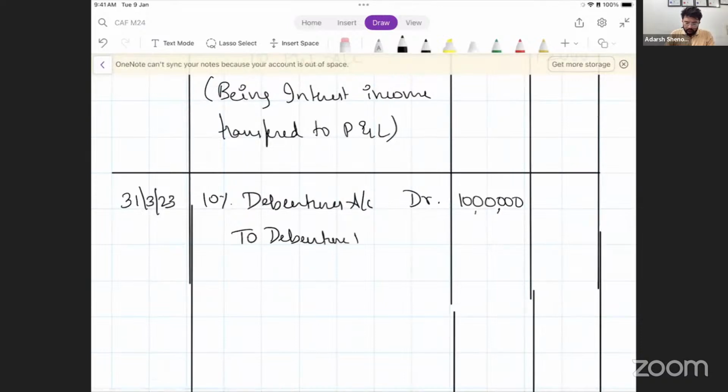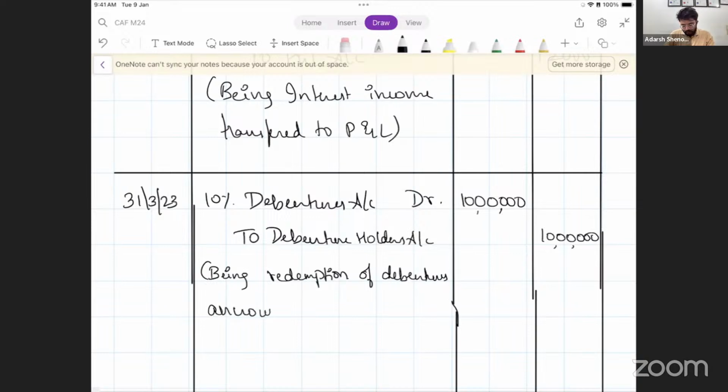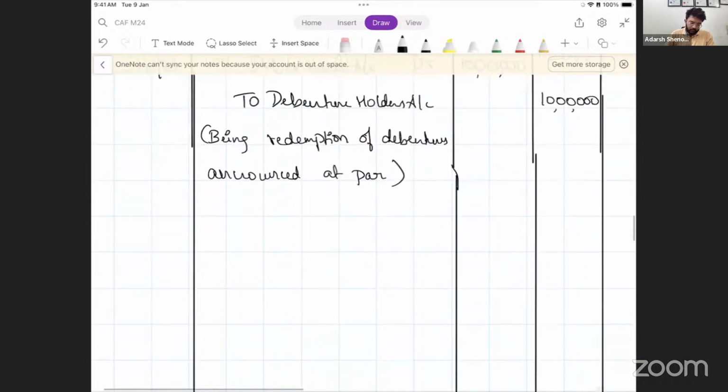Transfer this to debenture holders account, 10 lakhs. Announced at par.